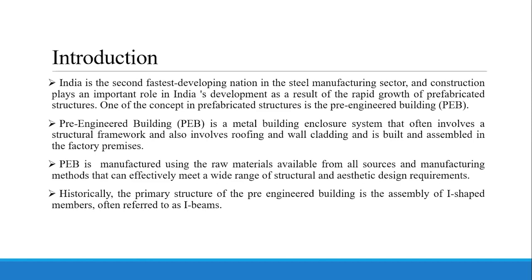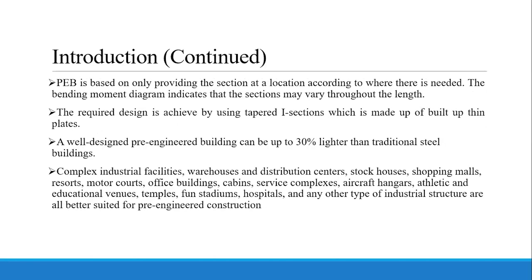Secondary members include purlins and girts. For purlins and girts, Z or C type cold formed sections are used. The main important factor for the design of the pre-engineered building is bending moment, because it shows the variation of section throughout the length.